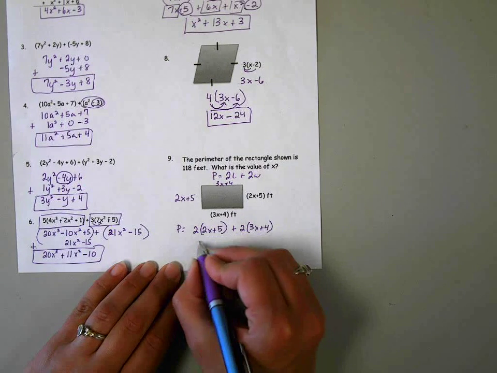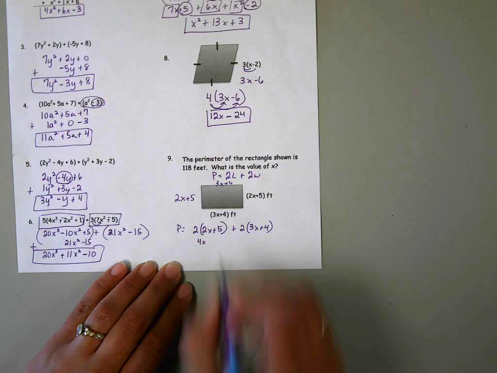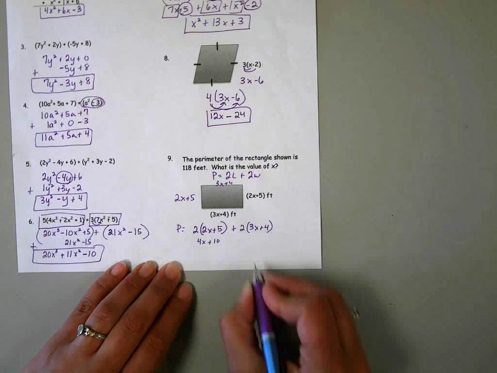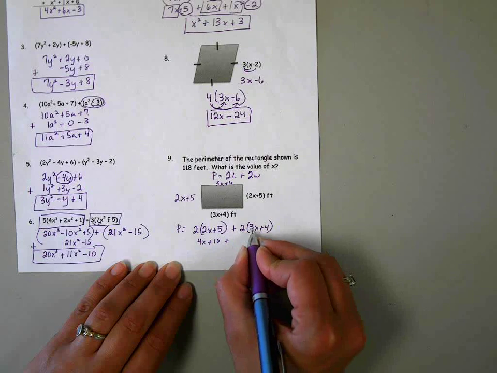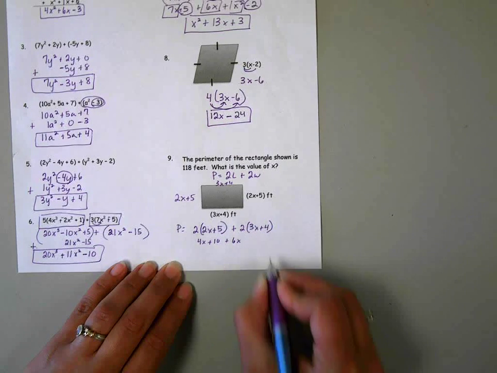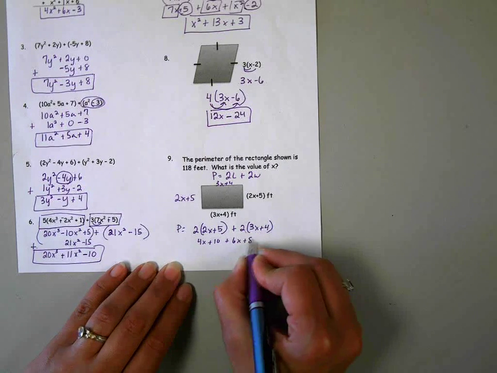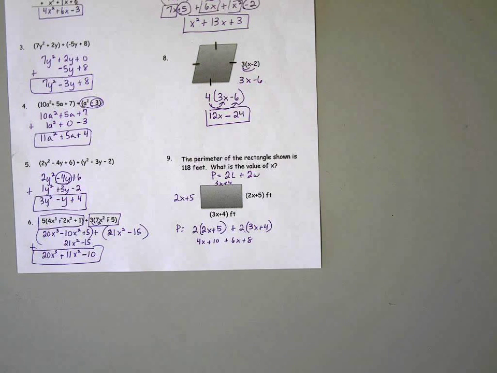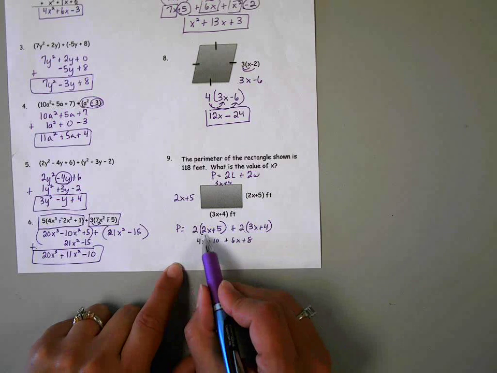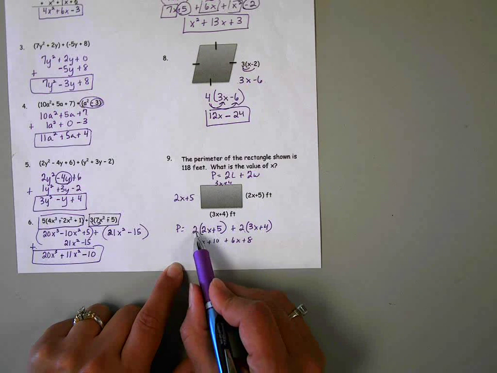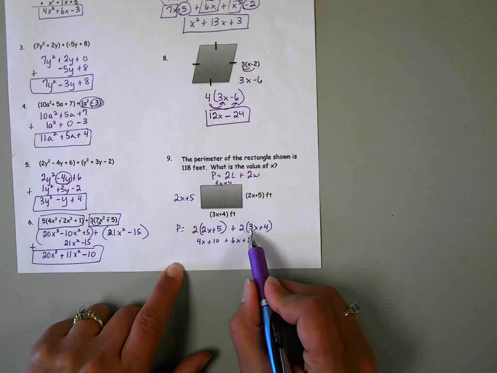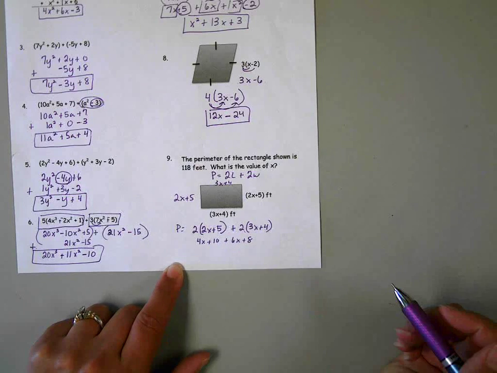So 2 times 2x is 4x. 2 times 5 is 10. 2 times 3x is 6x. And 2 times 4 is 8. So I just distributed 2 times 2x, 2 times 5, 2 times 3x, 2 times 4.